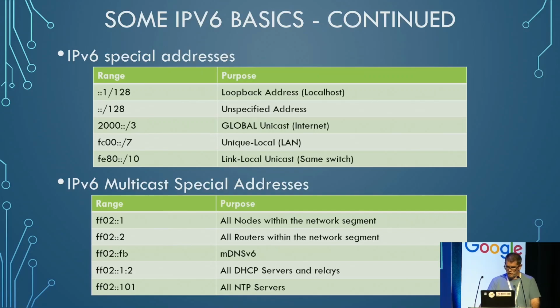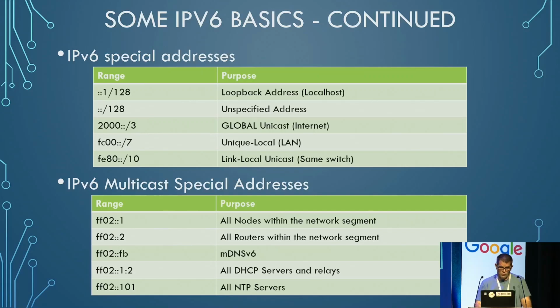One thing that I haven't touched on yet is that IPv6 is heavily dependent on multicast. It is the backbone of the network. Unlike in IPv4, there is actually no broadcast used in IPv6. To aid in multicast, there are a number of special addresses just for multicast. We've got FF02::1, which is basically send to all nodes within the network segment.